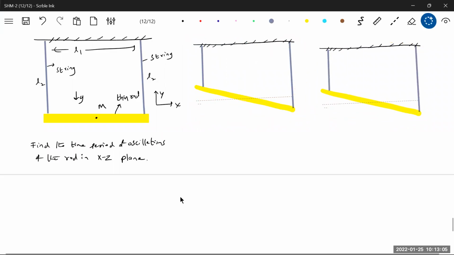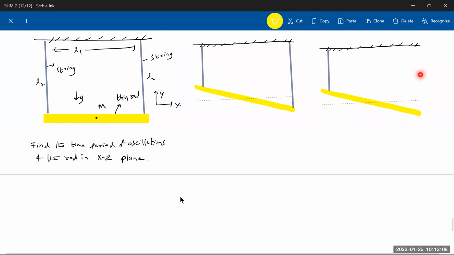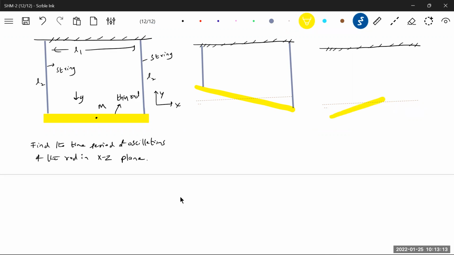If it is like this, a small angular displacement will be given. The rod will not oscillate in the XY plane, it will oscillate in the XZ plane. I don't have any other diagrams other than this. Please, you should be able to imagine after this.